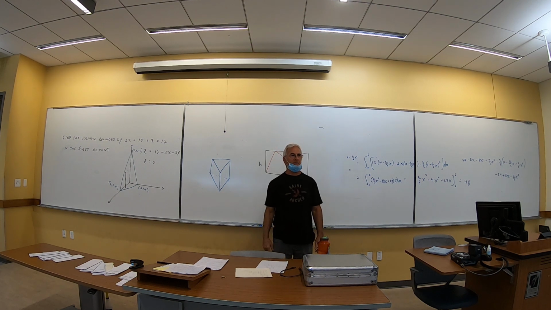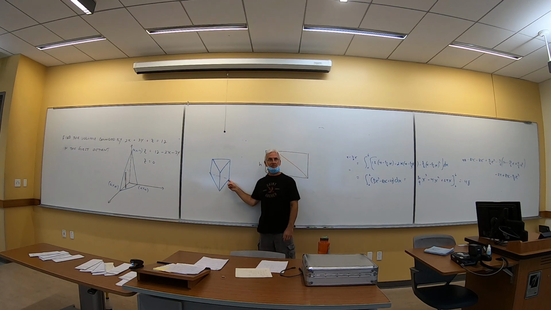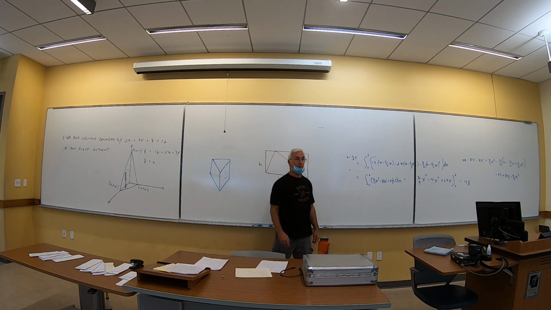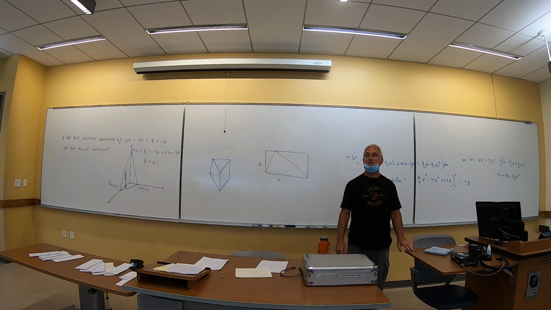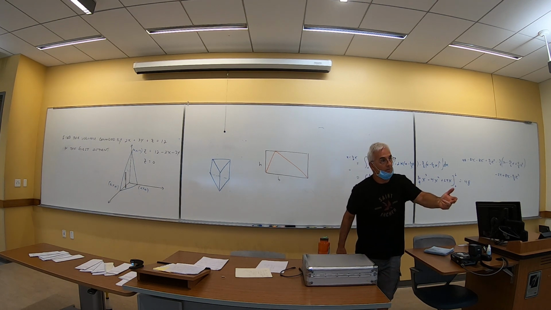What is the shape of my tent? It's this, isn't it? It's a triangular prism, it's just on its side. So is everybody with me on that one? The tent is a triangular prism. What is the volume of the tent related to the volume of the room? It's half, because the area of the triangle is half the area of the rectangle.